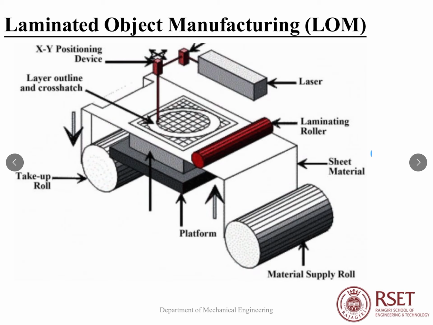Next is laminated object manufacturing. From the name itself, the object is manufactured from laminated sheets with adhesive coating. It consists of a material supply roller, a take-up roll, a platform, a heated laminating roll, and a laser source.